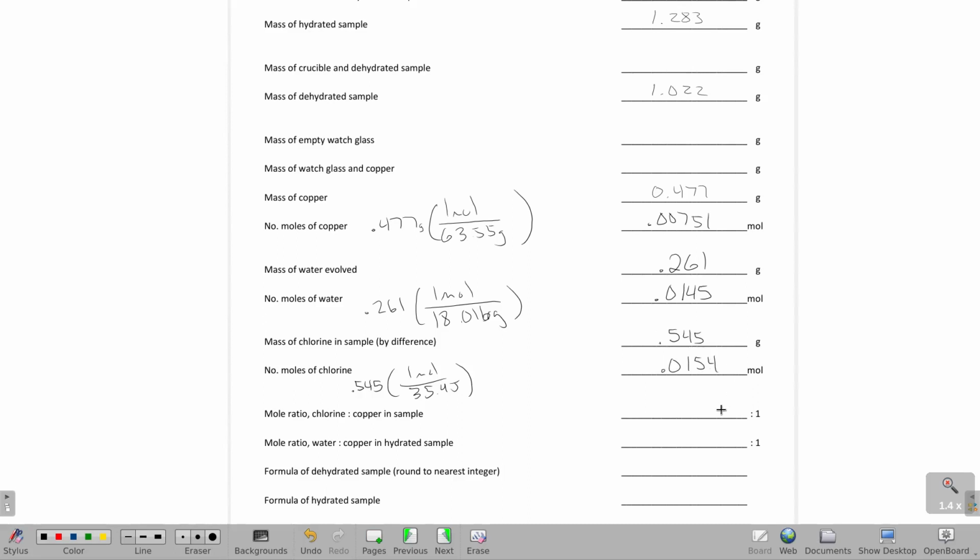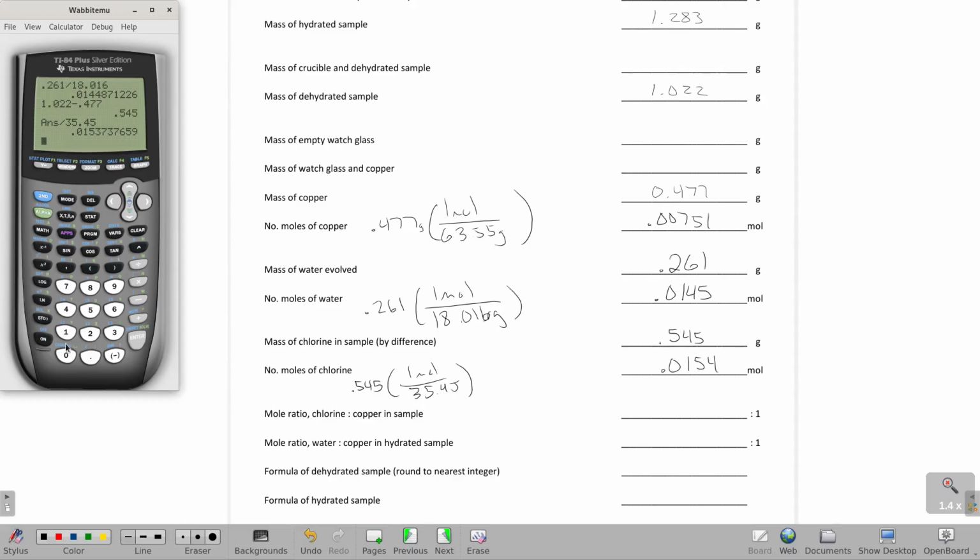Alright, the next thing we're going to do is get the actual ratios of chlorine to copper, and then copper to just the water. Being that copper is the second one on both of these, for that first one we take the moles of the chlorine, 0.0154, divided by the moles of the copper, 0.00751.